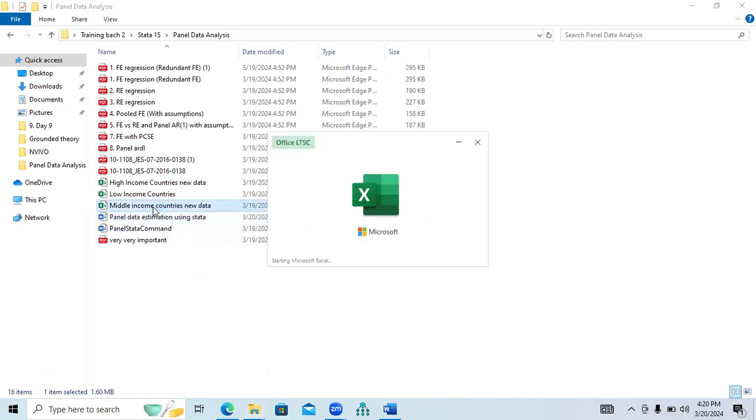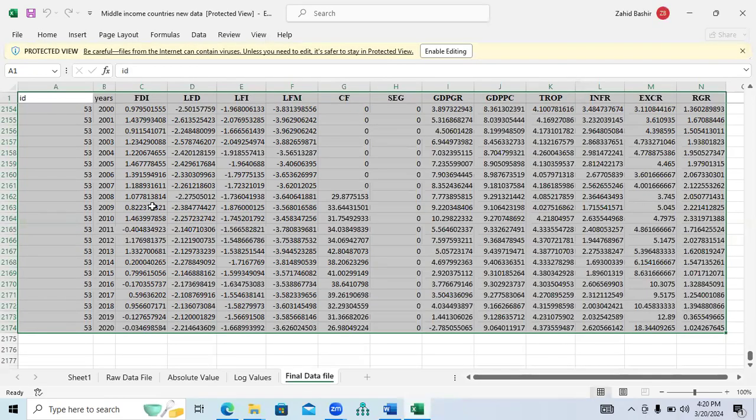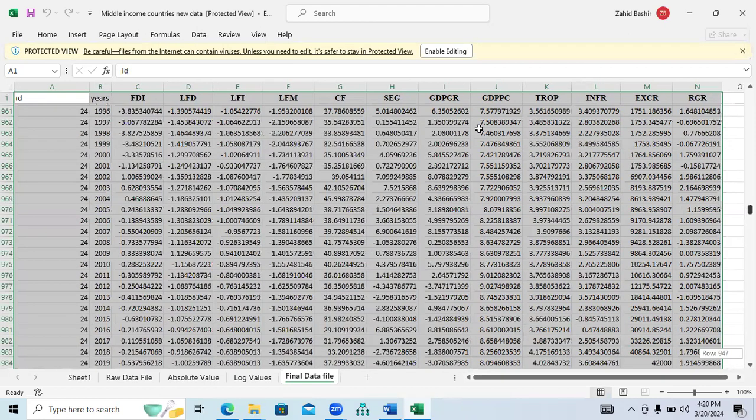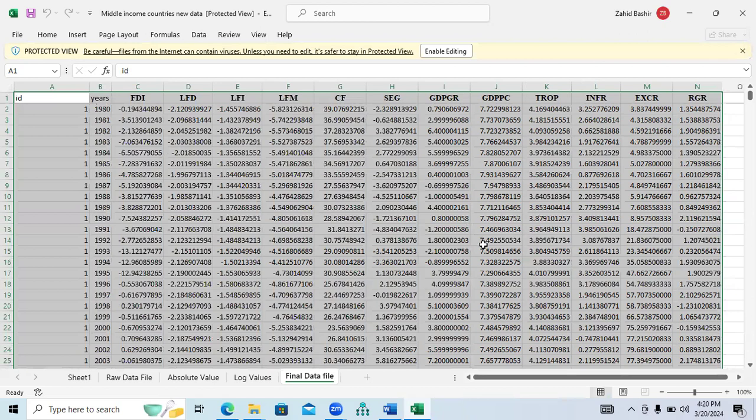This is the data set I have recently used in one of my studies, and I have extensively used this data set for my panel data analysis. There are a lot of companies here, basically middle income countries.